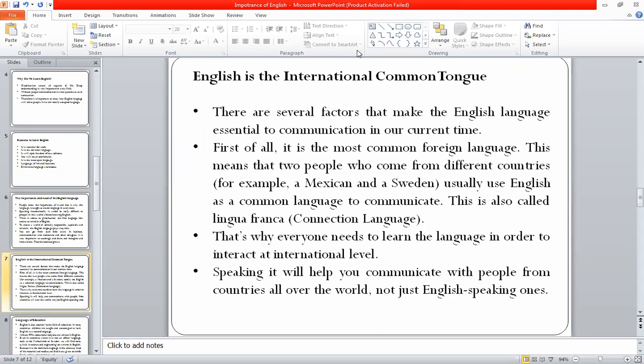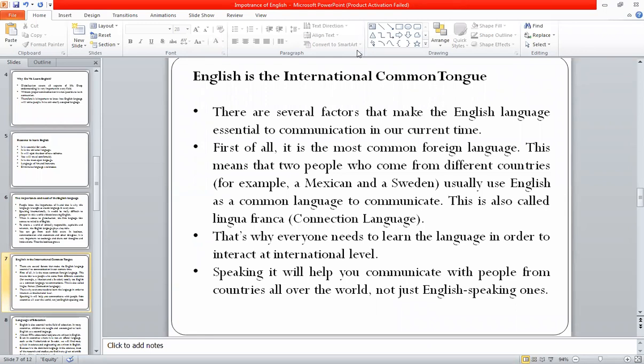This means that two people who come from different countries usually use English as a common language. So if we went to foreign countries, or we went out to visit the European countries, and we want to travel, or take a journey to the European countries, then in what language will we speak with the people from that country?